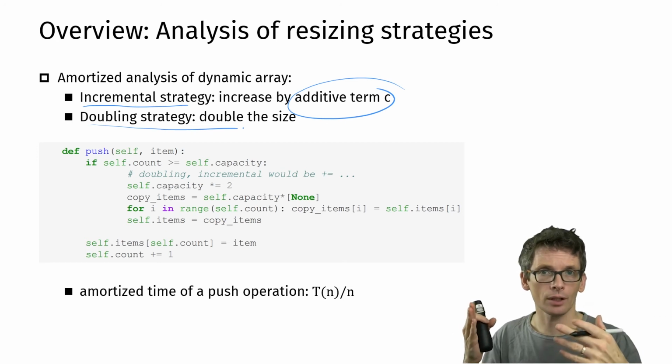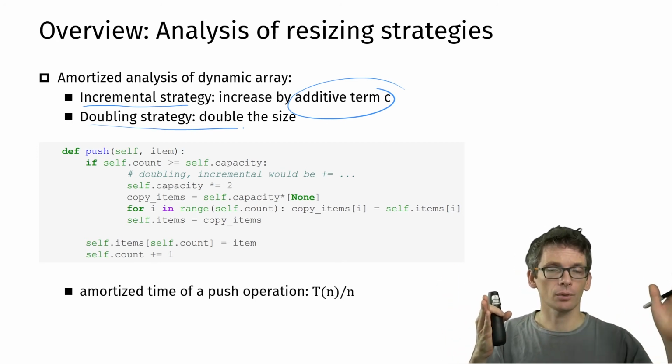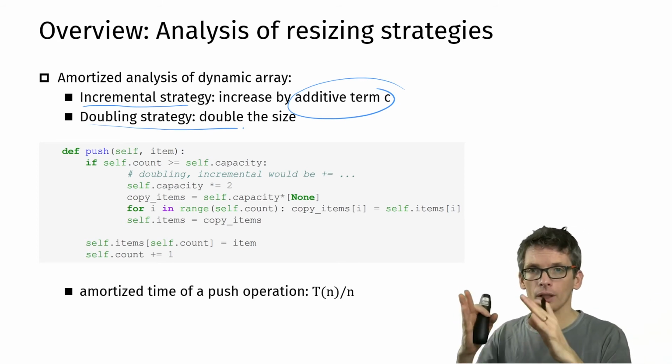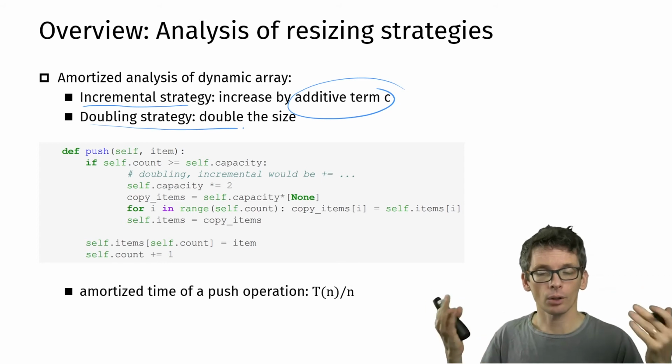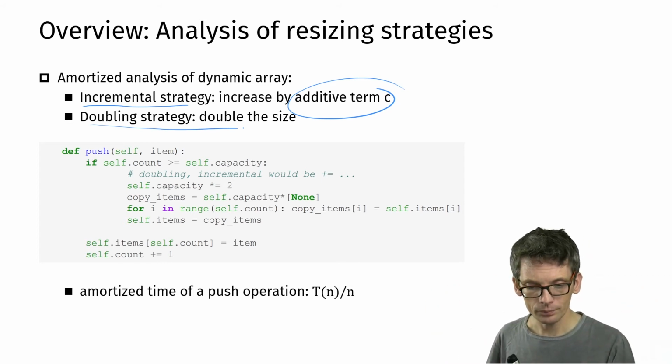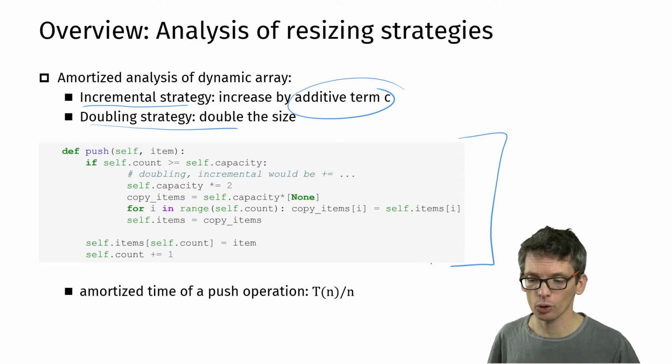So if c, for instance, is 5, incremental, we get 5, 10, 15, 20. For the doubling, if we start with an initial size of 5, we get 5, 10, 20, 40, and so on. Here's once more how the Python code for push looks like.